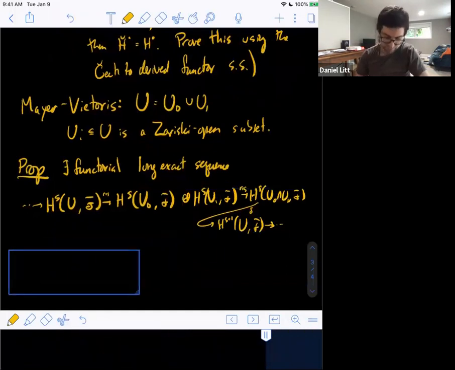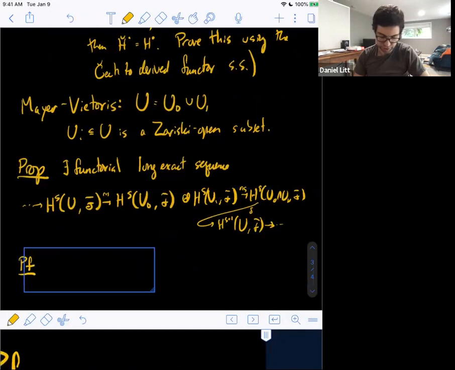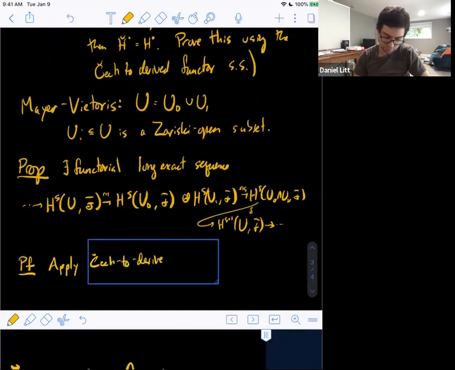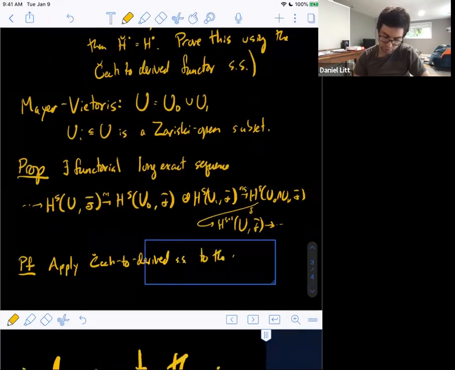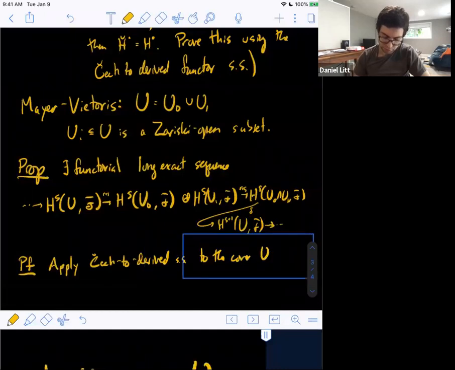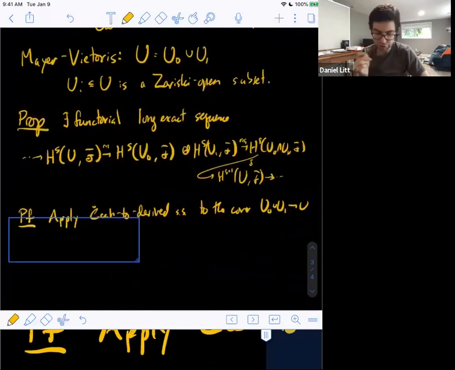So the proof, I'll just sketch, because it's actually a little bit more complicated than you might think. The proof is to apply the Čech-to-derived spectral sequence to the cover U0 union U1 to U. There's actually some subtlety here, and I'm not going to give you the details.